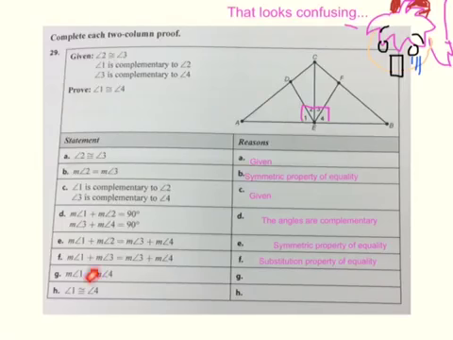Okay, so now we have the measure of angle 1 equals the measure of angle 4. Well, what happened to the angle 3s that were up here? They were both just subtracted from both sides of the equation. So that's how they disappeared.